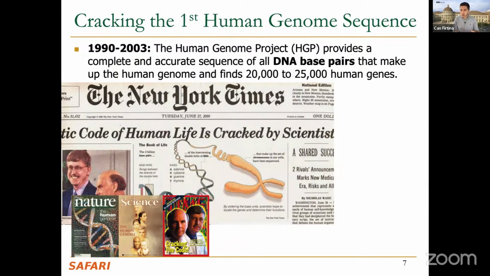And of course, back in the time, this process was extremely slow. You would almost literally have to go base by base, nucleotide by nucleotide, for every position in the genome, and then understand whether this is A, whether this is T, G, or C, and so on. This was really a slow process, and this also required actual human work to detect every position of the nucleotide in the genome.